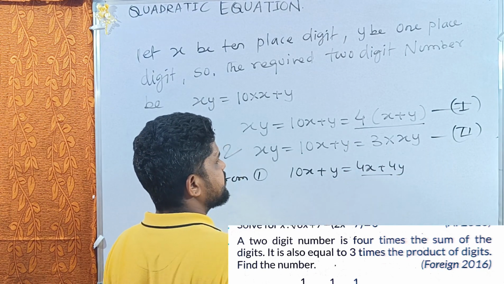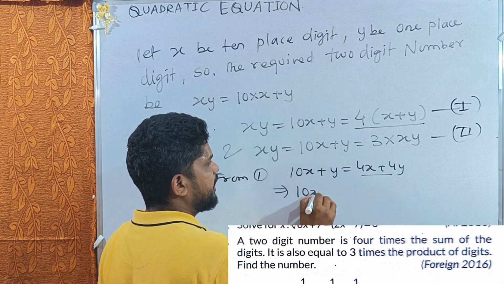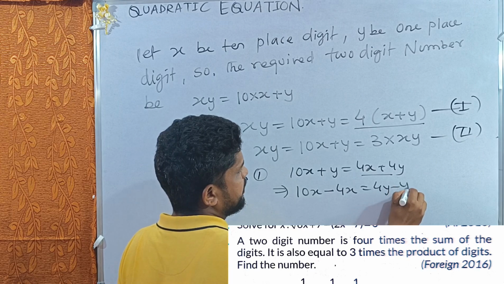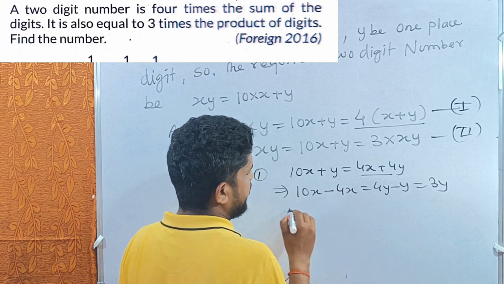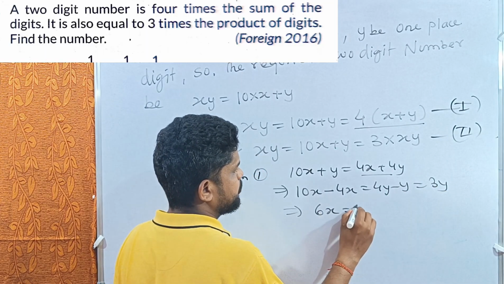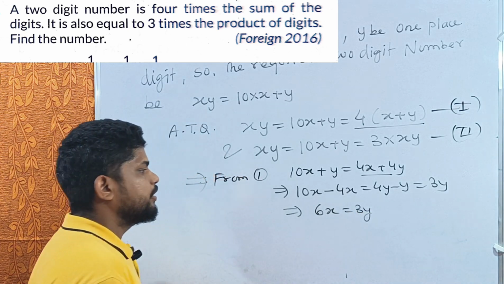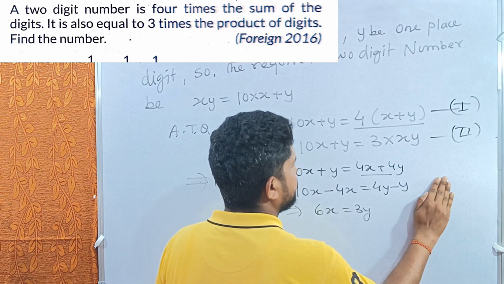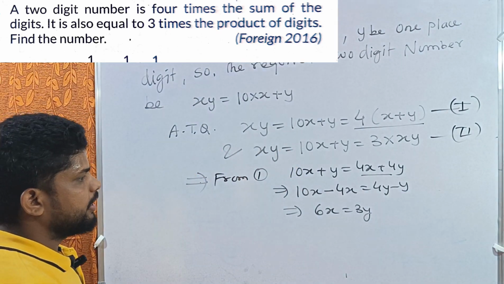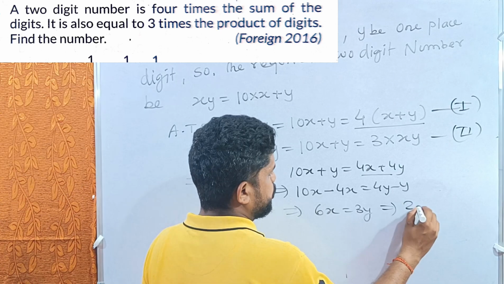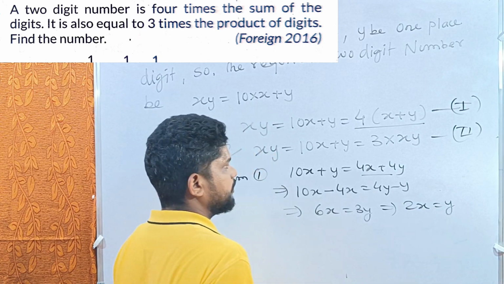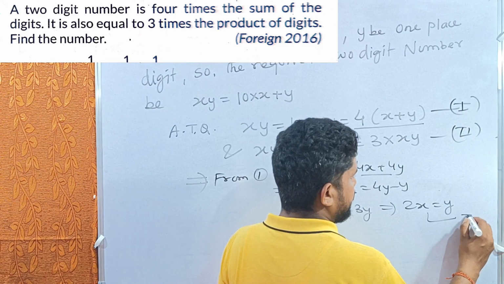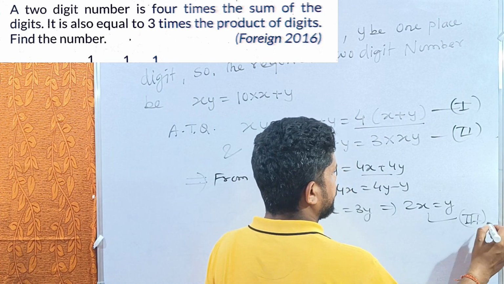Expanding this, we get 10x minus 4x is 6x, and 4y minus y is 3y, so 6x is equal to 3y. This will give 2x is equal to y. Yes or no? Yes. Let us take this as equation number 3.